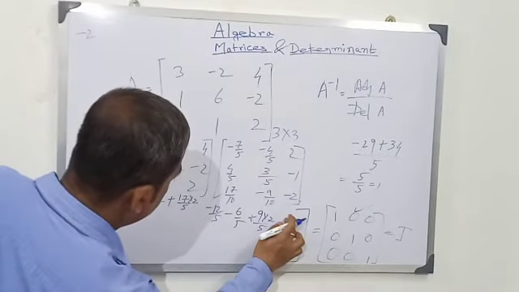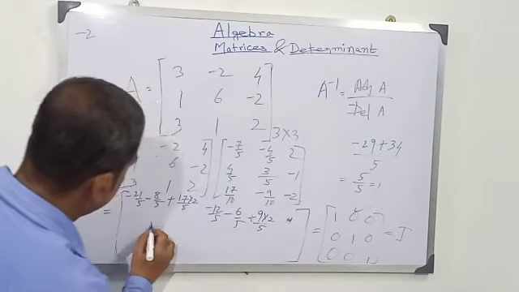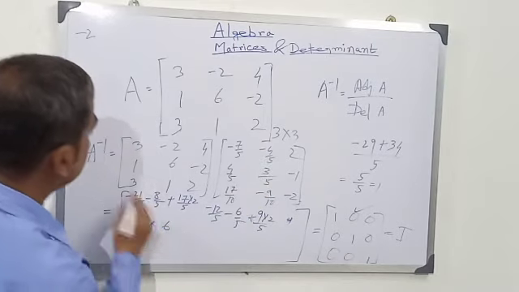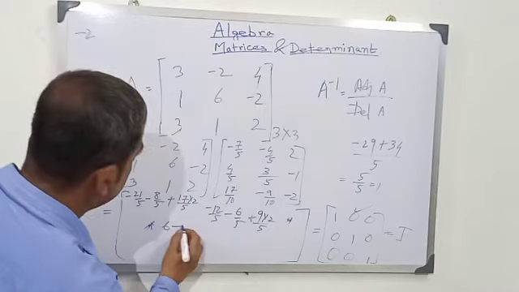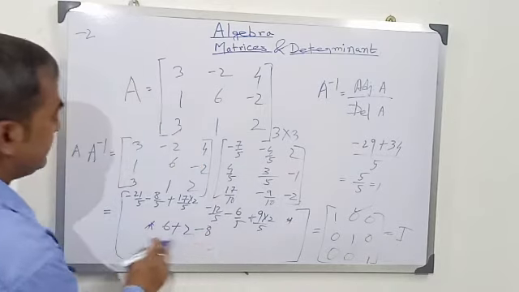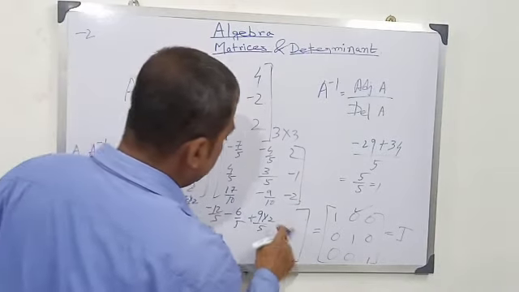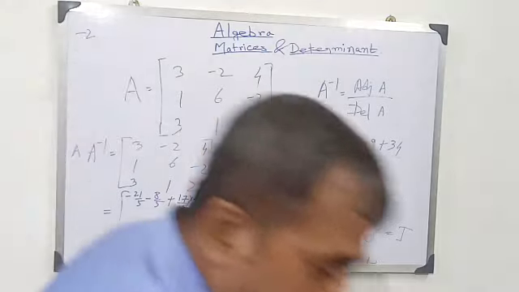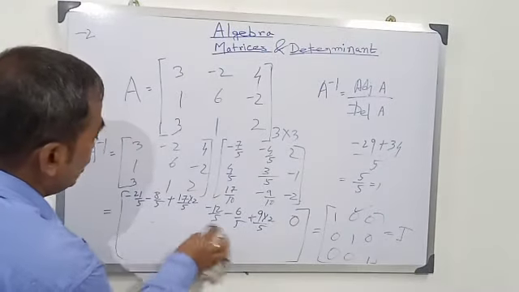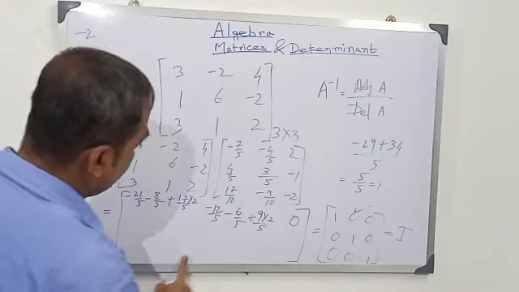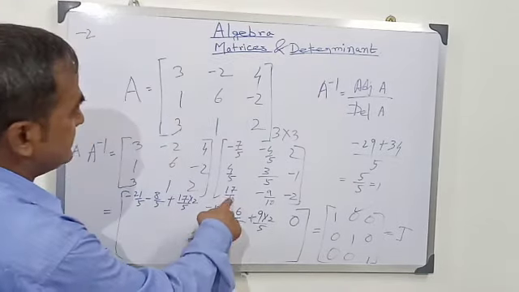I am checking the third element here. 3 into 2, 6, plus 6, minus plus 2, here is minus 8. Yes, it is becoming 0. So it should again be 0. Similarly, we will get here 0, 1, 0 and 0, 0, 1. Then this is correctly found.